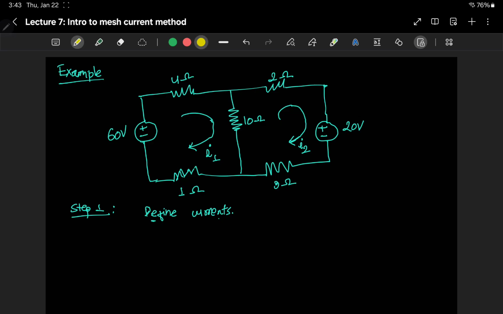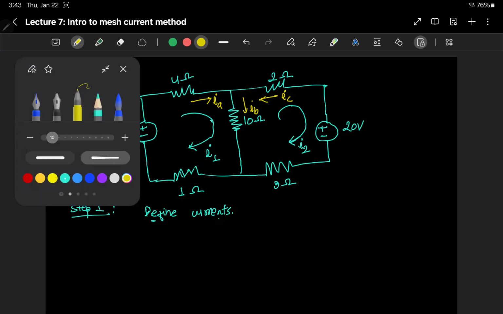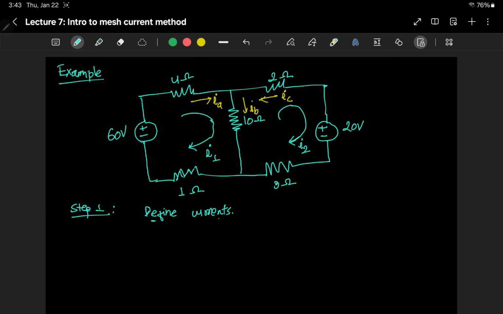And what the problem is actually asking us to do is determine those currents IA, IC and IB. But before doing that, we have to define the currents and use the sign conventions to give the polarity of the passive elements.